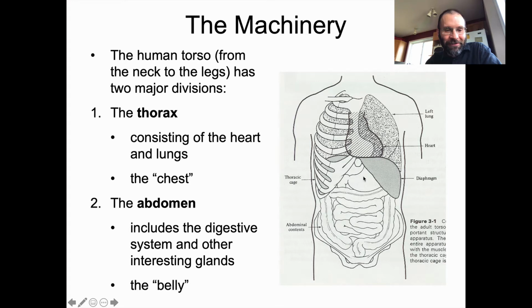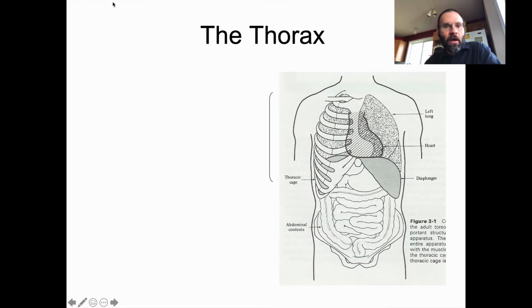It's got your stomach, your intestines, and gallbladder, and so on and so forth. But it basically includes digestive system organs and other interesting glands to help you process all the food you need to get energy, right? Okay, but it also gets involved in breathing or respiration. So yeah, thorax, abdomen, chest, and belly.